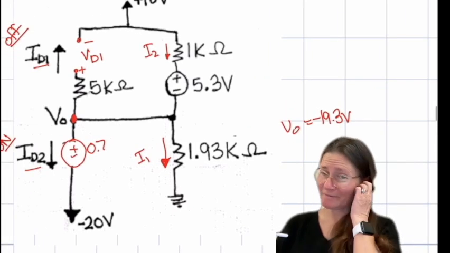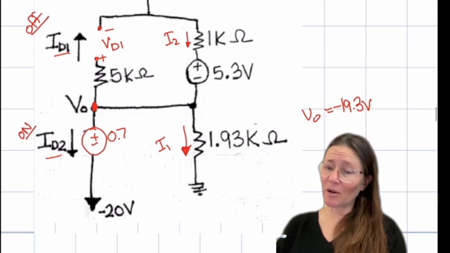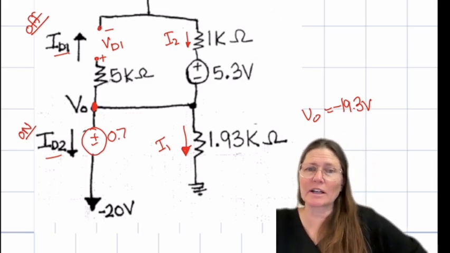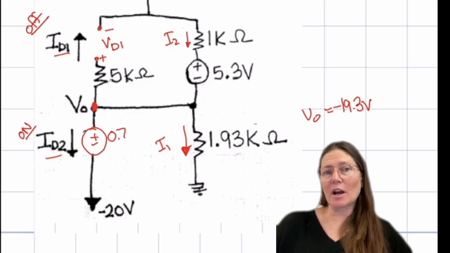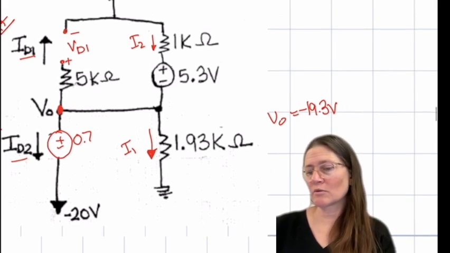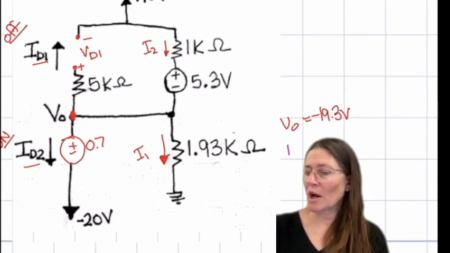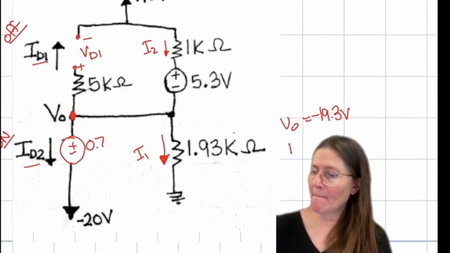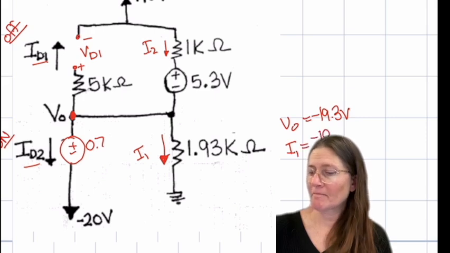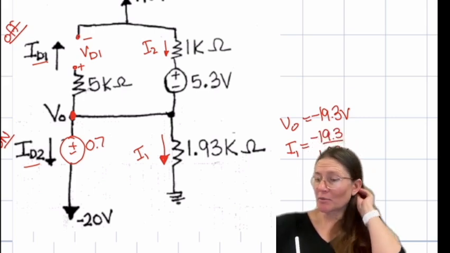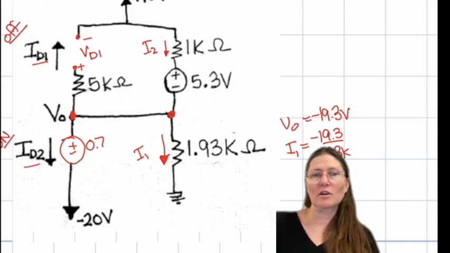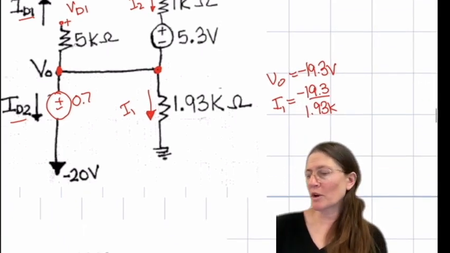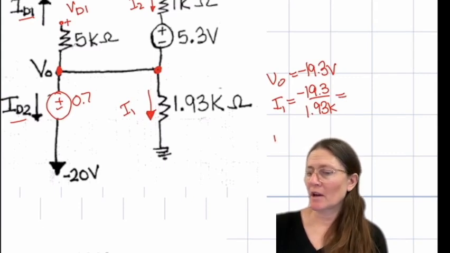Okay, so to solve this, we can't write an equation easily for ID2. We would need to solve for I1 and then I2. So I1 is going to be what? Correct. Minus 19.3, which is the voltage on this side, minus 0 over 1.93K. And then what is I2 going to be?